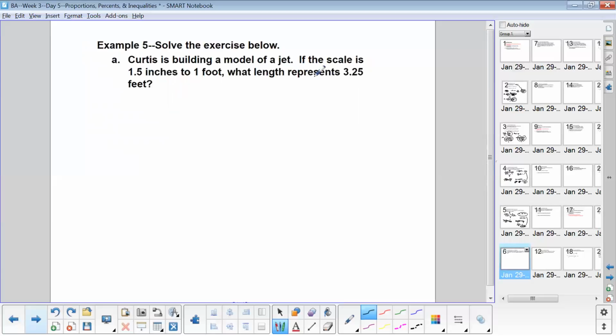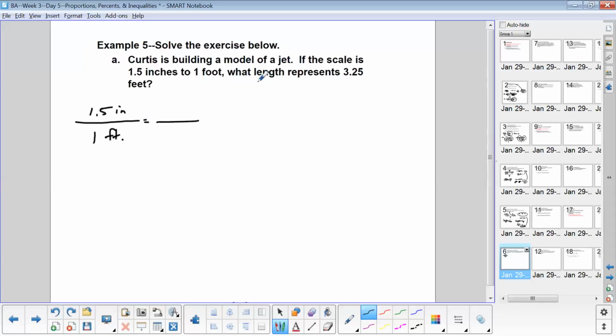So Curtis is building a model. So anytime we deal with models and scale factors, the scaling is just saying that for every 1.5 inches on the model is actually representing 1 foot in real life. So we've got the actual drawing to the model.